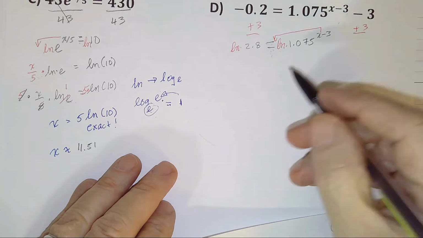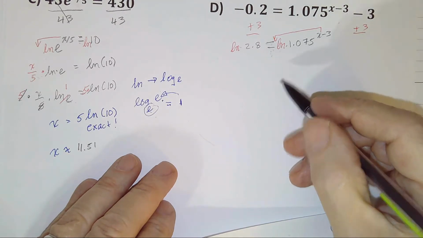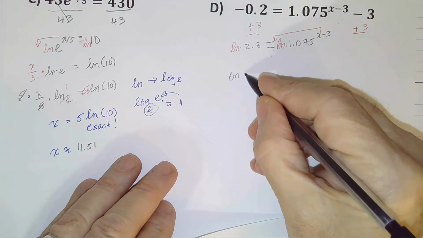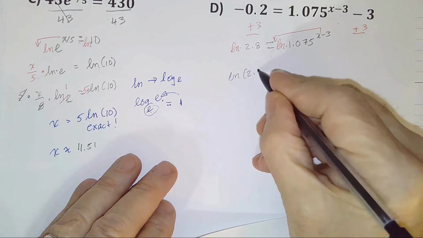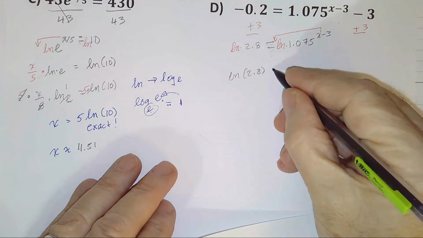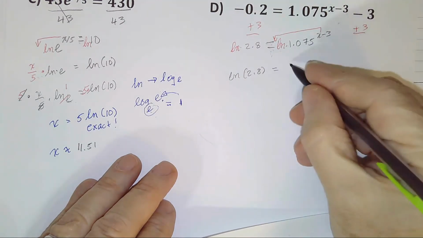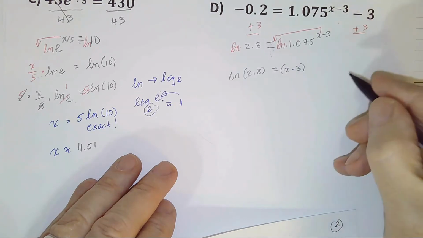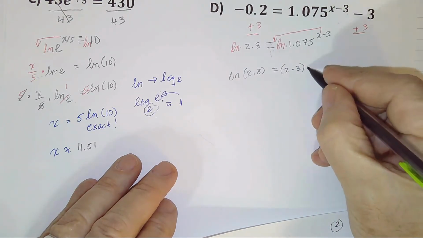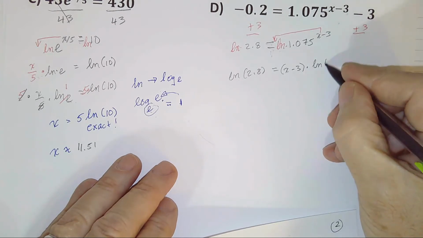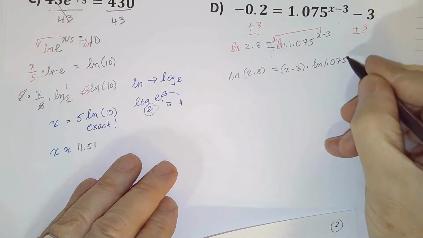So now I've got the natural log times 2.8, and that equals, now I'm going to bring down the x minus 3, I'm going to put it in parentheses because it's a binomial and I'm multiplying it, times the natural log of 1.075. Okay?